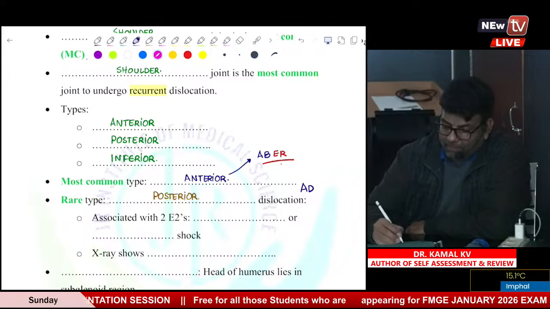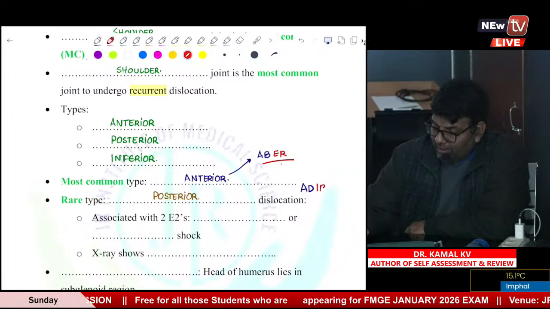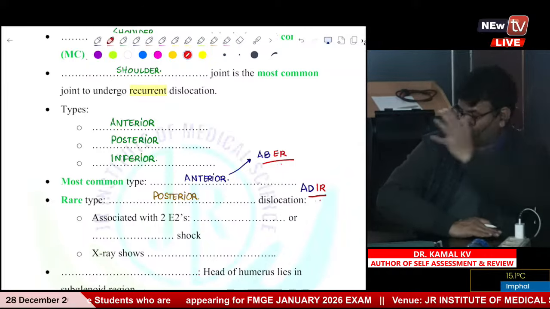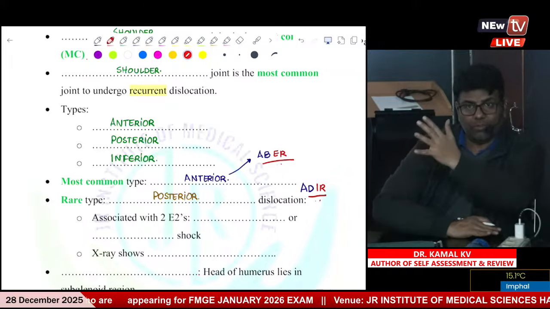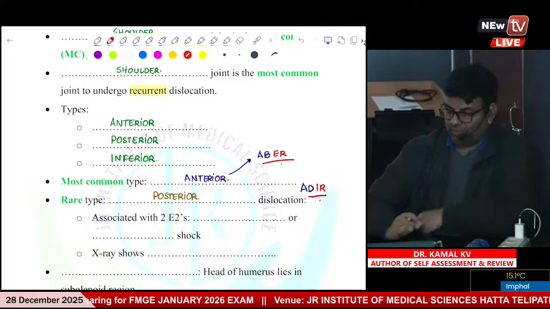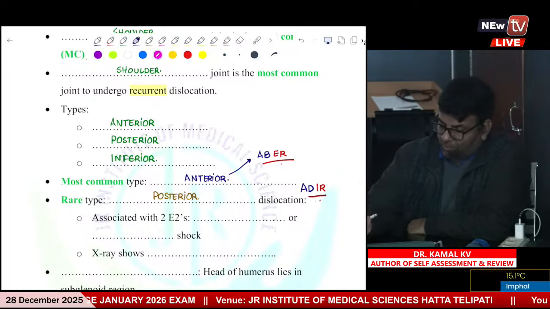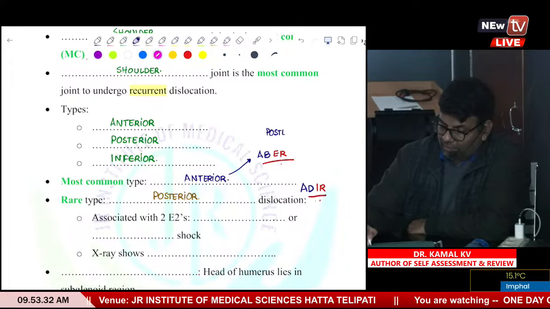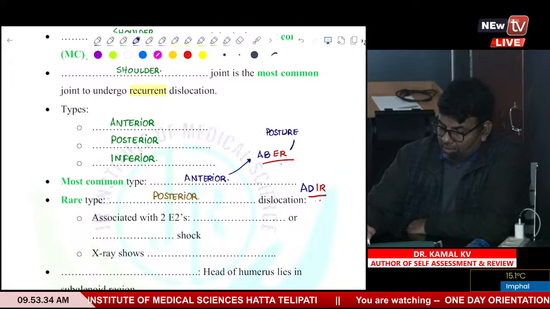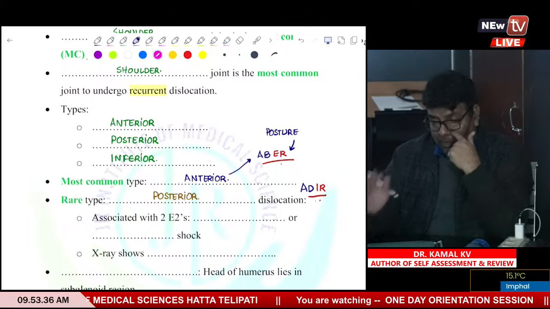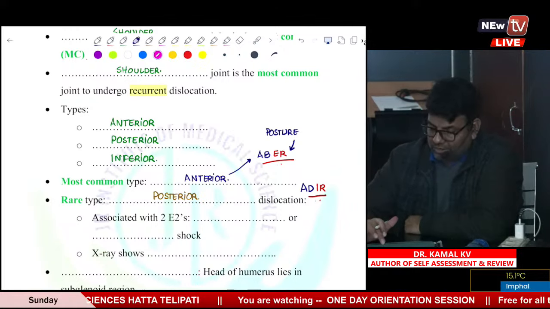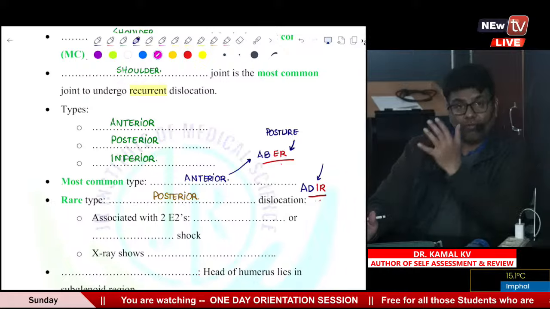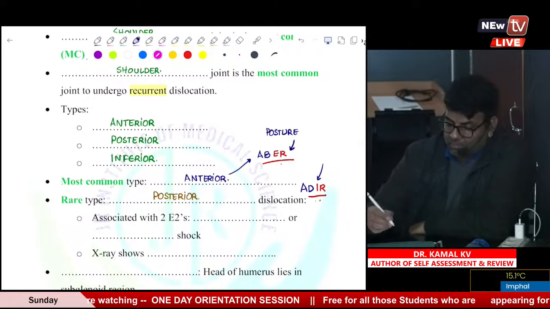Adduction and internal rotation, right? So adduction, internal rotation, and if someone gives a blow from the front, the head of humerus will move out. So this is the posture of the upper limb at the time of injury. Abduction, external rotation, hit from behind will cause anterior dislocation, and adduction, internal rotation, hit from front will cause posterior dislocation of shoulder.